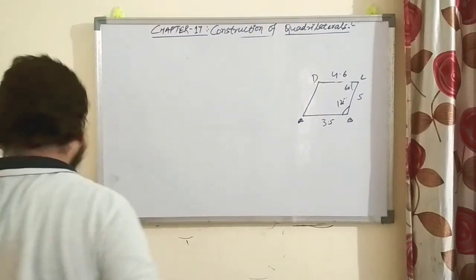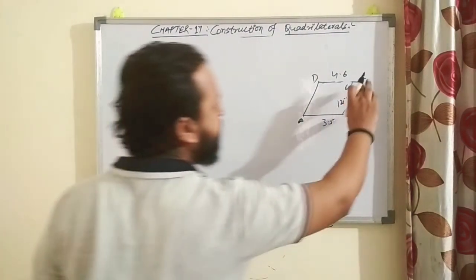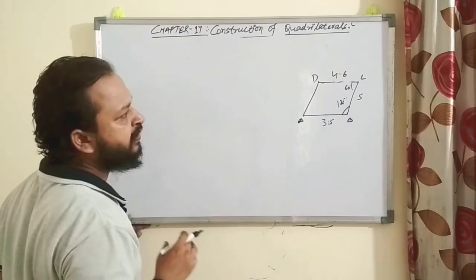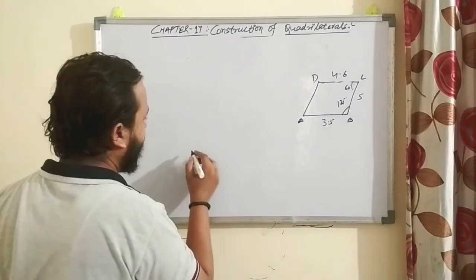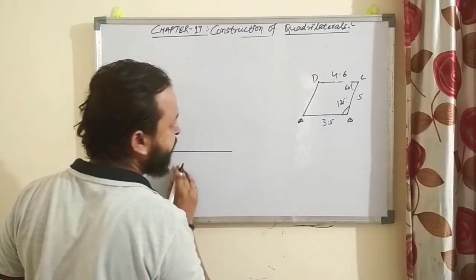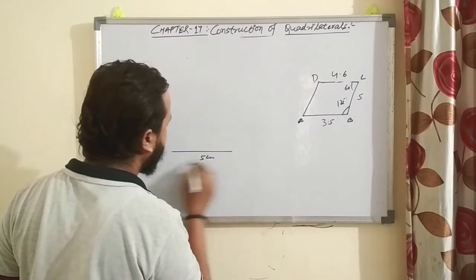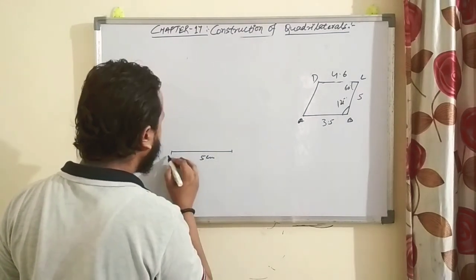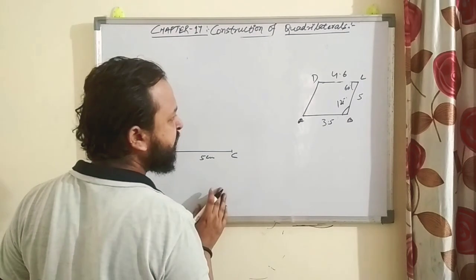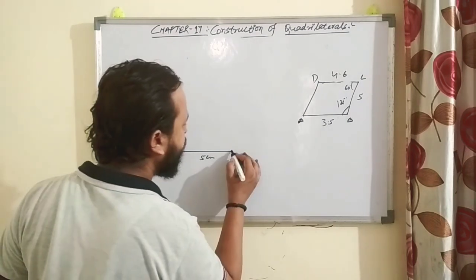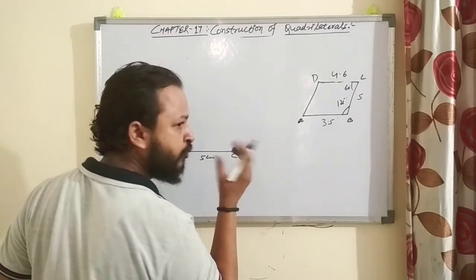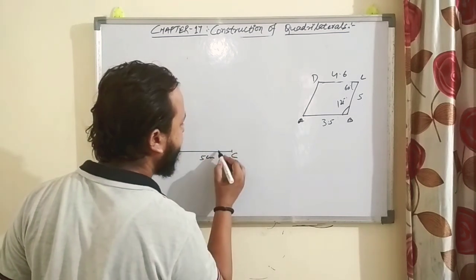So what you have to do is just take BC as a baseline. Draw a 5 centimeter length line. At point C you have to make an angle of 60 degree. Use the compass to make the angle of 60 degrees.